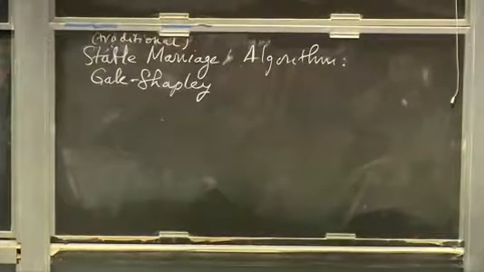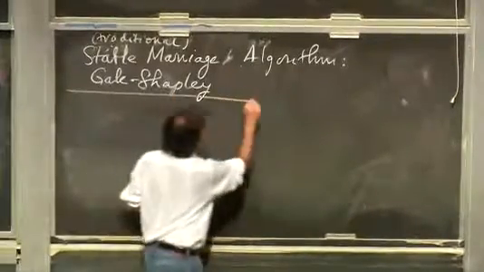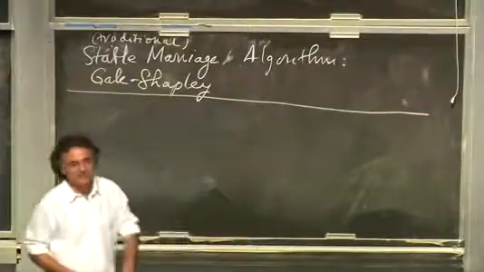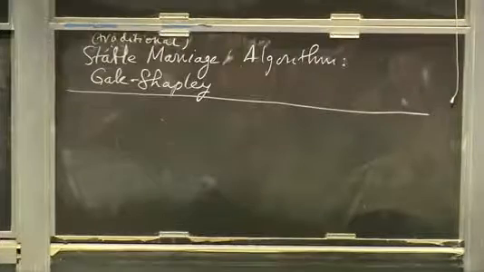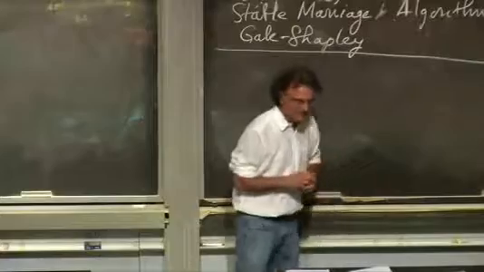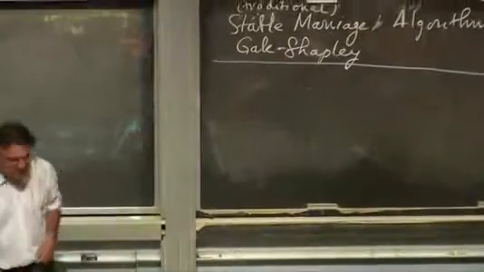Okay, so how does the algorithm go? Well, the algorithm is a bit droll. Think back to the 50s, or even earlier. So the algorithm is clearly asymmetric in a very stark way.